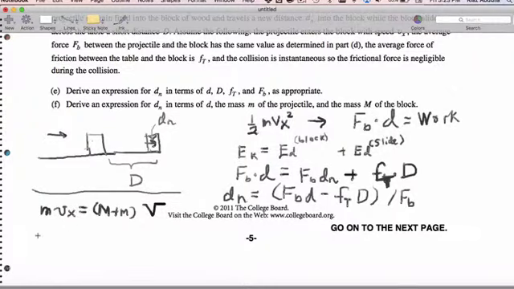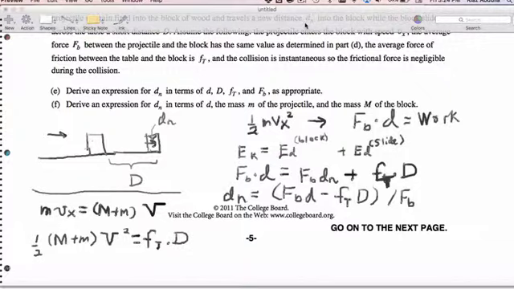So here's what we know: 1/2 m plus M times V squared is going to equal the force of friction times the distance it takes to stop the object.